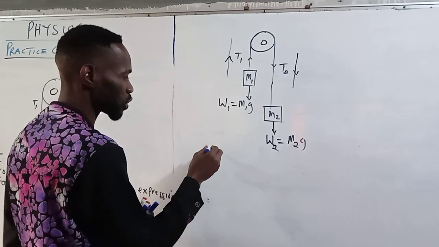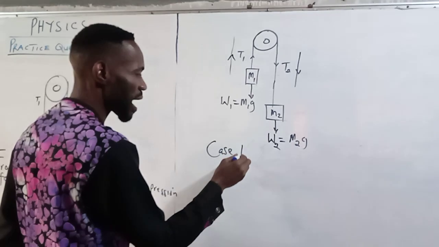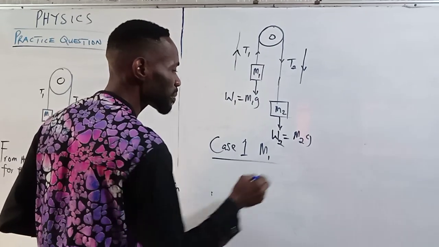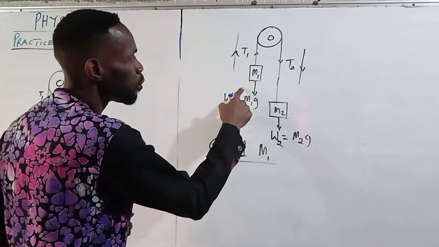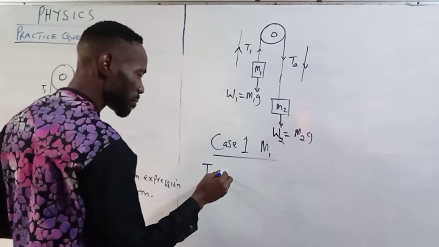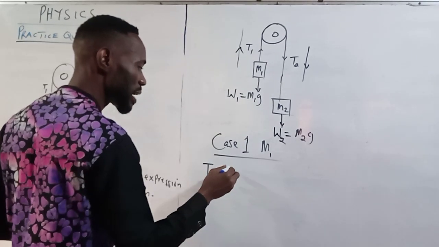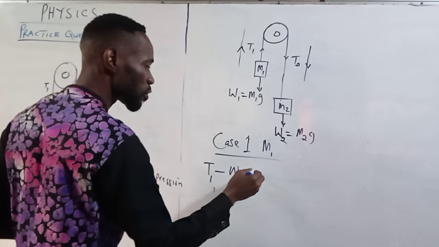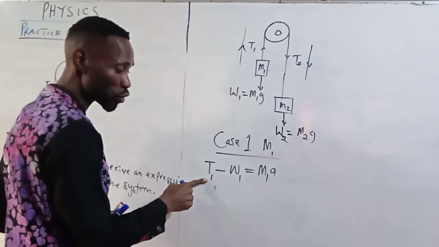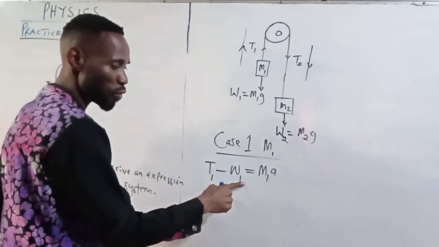Let's consider case 1. In case 1, we are looking at mass 1. So considering mass 1, the motion is upward. It means that the tension T1 minus the weight W1 will be equal to mass times acceleration. Remember, tension is a force, weight is a force.